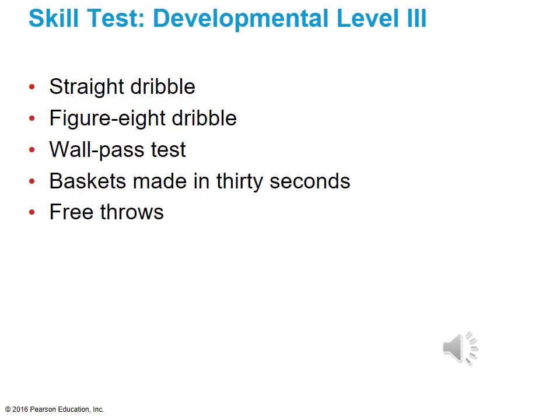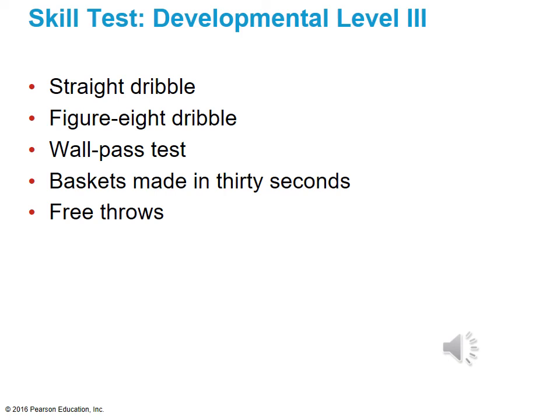Lastly, we have basketball skill tests, these 5 areas that you may want to test their skill as 5th graders. Straight dribble: you just have a marker about 15 yards down the floor and they dribble around that cone or poly spot or whatever it may be, and you're timing them and you give them 2 or 3 tries and take the best time.